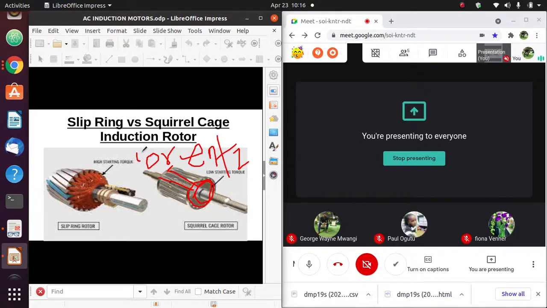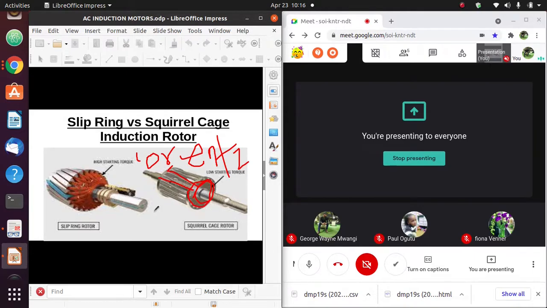Once you have a conductor interacting with that magnetic field, it will induce voltage, that EMF, in that conductor. Now this EMF generates a current. So this current, which we have been saying is flowing through the rotor, once this current-carrying conductor interacts with the magnetic field rotating in the air gap, it experiences a mechanical force which enables it to rotate.